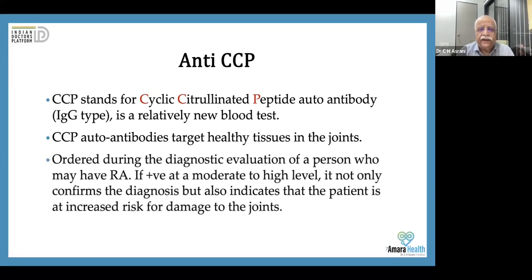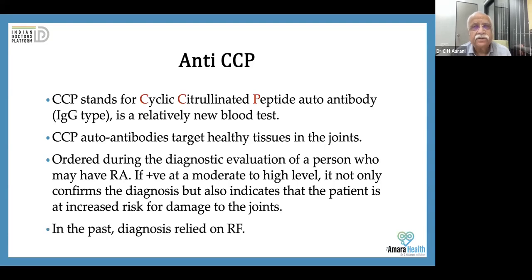It's ordered during diagnostic evaluation of a person suspected of rheumatoid arthritis. Nowadays, it is asked in addition to RA test. If positive at a moderate to high level, it not only confirms the diagnosis, but also indicates that the patient is at increased risk of damage to the joint and the prognosis is guarded, not very good.